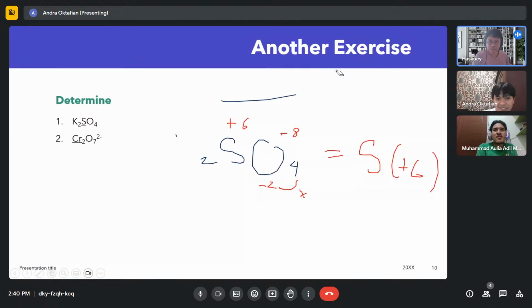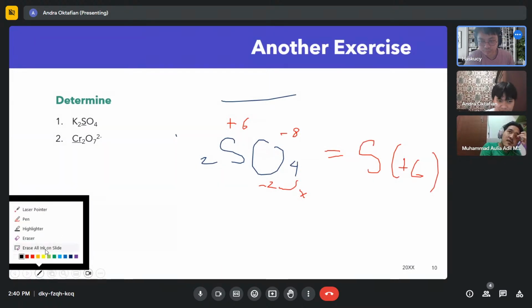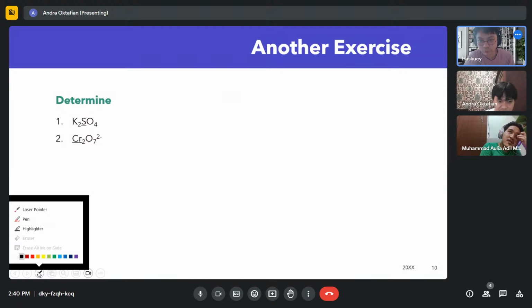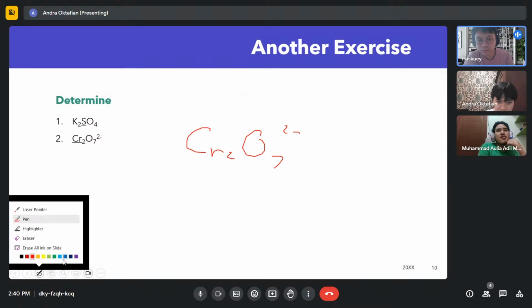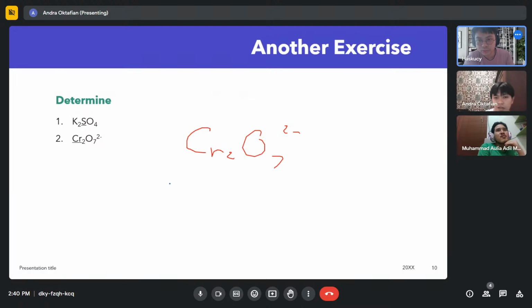So basically, all seven oxygens will be minus two each, let's say minus 14, right? Okay, hold on, I will write it first. Cr2 with all seven oxygens, so the oxygen should be minus 14.